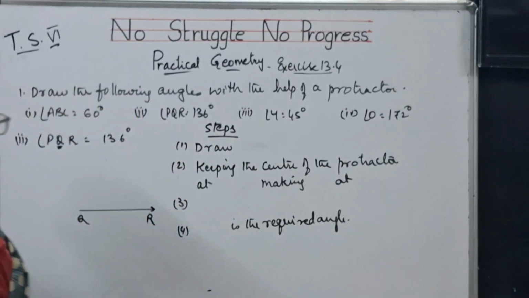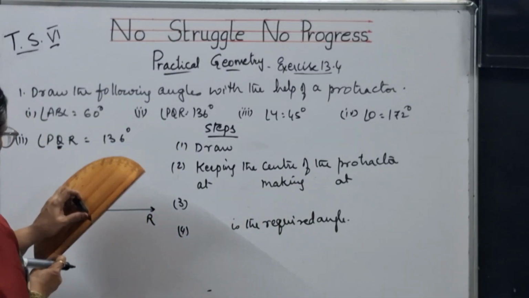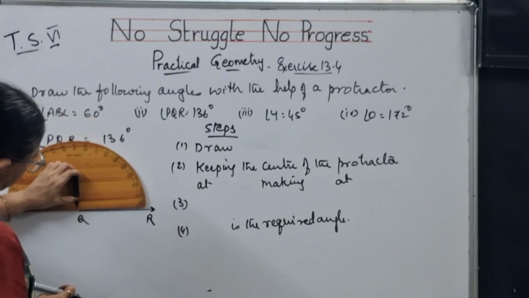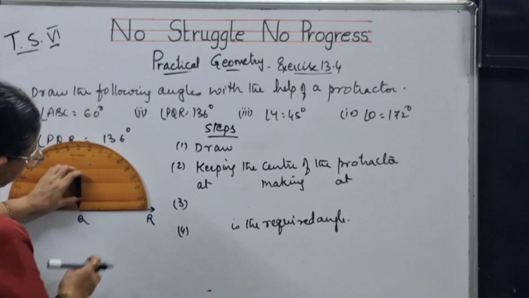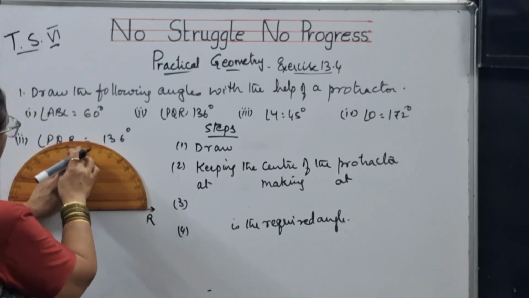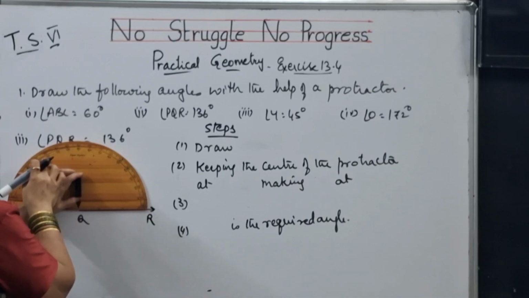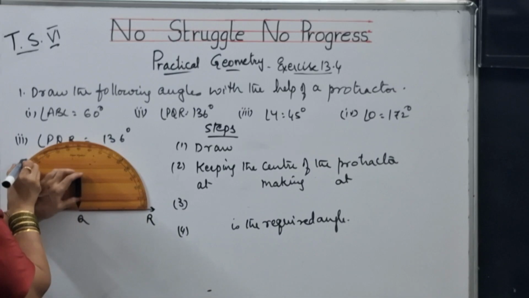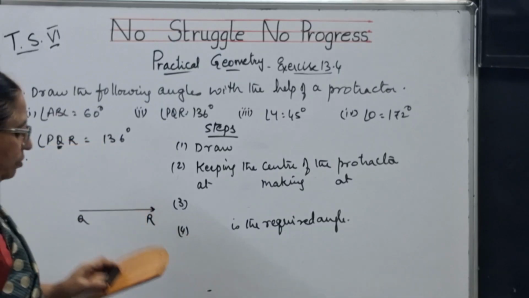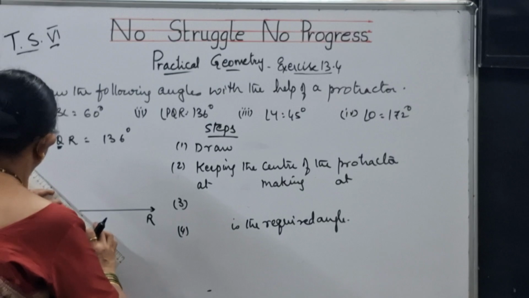Okay. Now, what you need to do, keeping protractor at Q, 136 degrees. See, children, this is 0, 10, 20, 30, 40, 50, 60, 70, 80, 90, 100, 110, 120, 130. This is 136. So, I have to draw a ray.